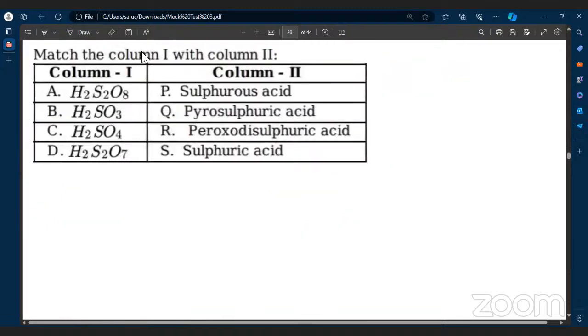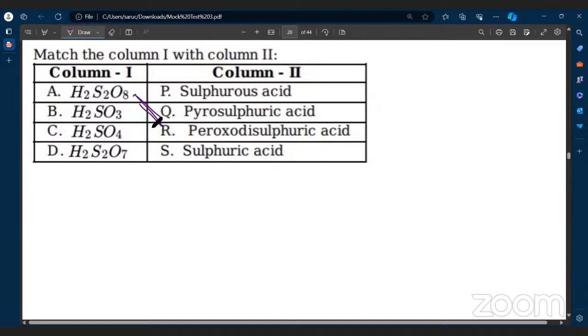Match column 1 with column 2. H2S2O8, H2SO3, H2SO4, H2S2O7. You have to name the compounds. Peroxydisulfuric acid. Yes, it is peroxodisulfuric acid.